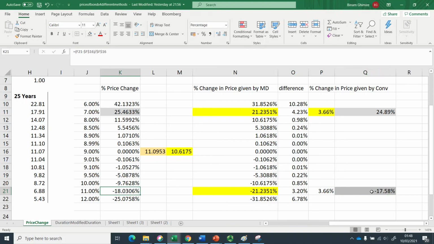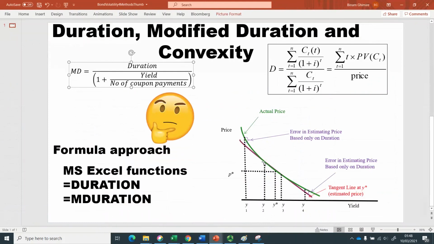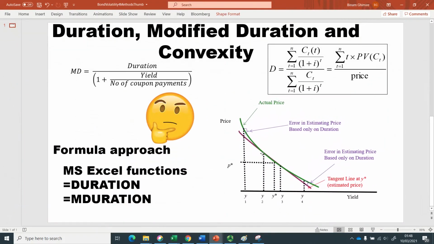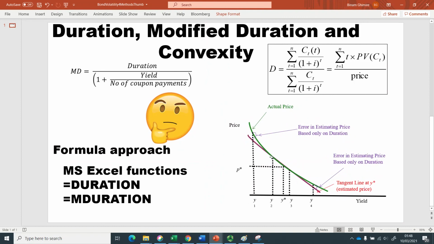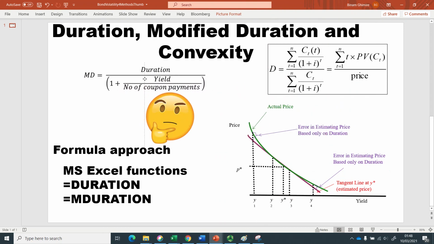And if you see the concept here, this is illustrating the same idea: when the yield change is small, then convexity is not the big issue, hence the percentage price change given by modified duration will work.